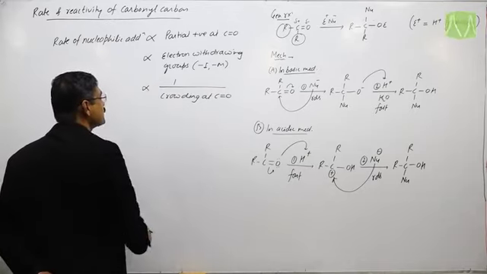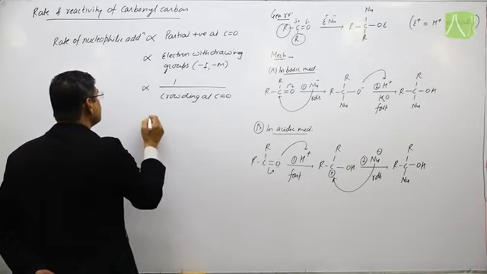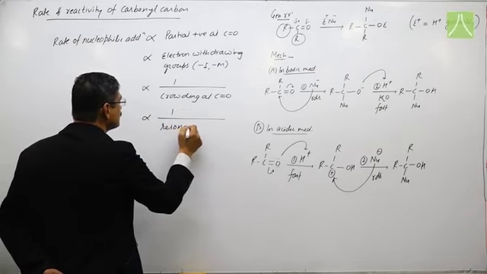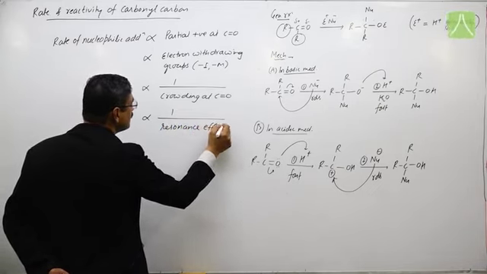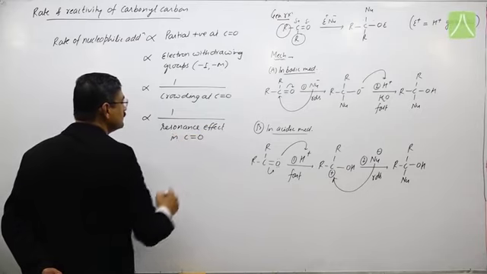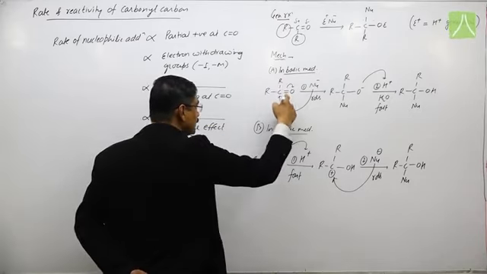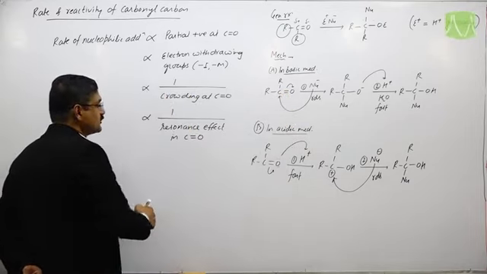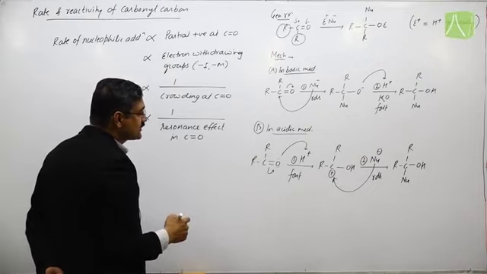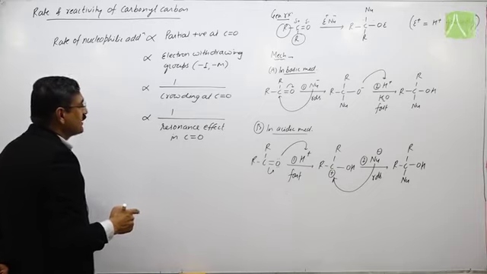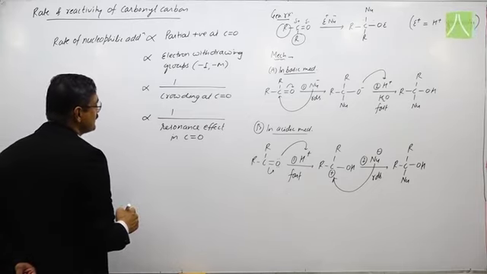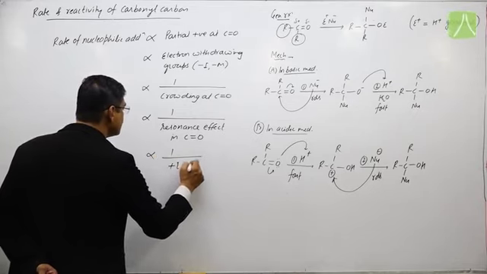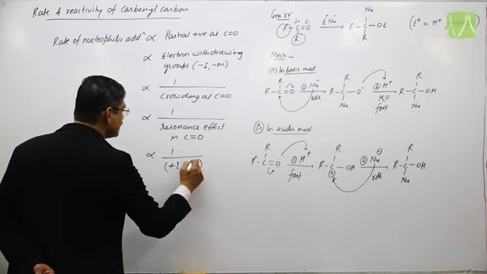So rate is inversely proportional to the crowding of C double bond O. Again, resonance effect in C double bond O. If resonance effect is present in the C double bond O, then the partial positive charge decreases because of resonance effect. Charge is delocalized and distributed between different carbon atoms. That's why rate decreases. Or you can say electron releasing effect. So plus I plus M also decreases the rate of reaction.